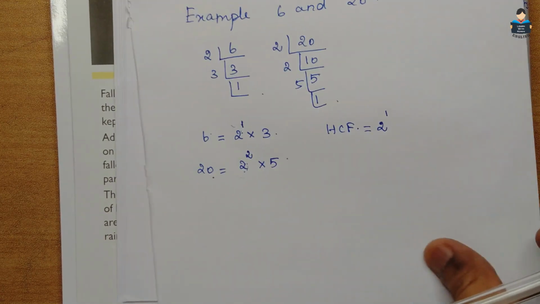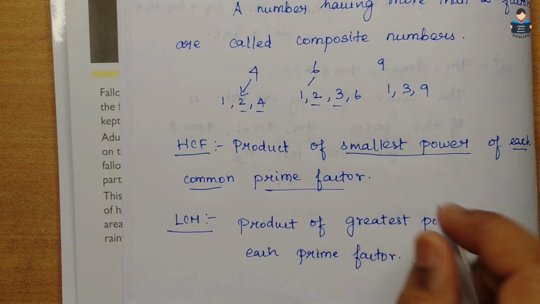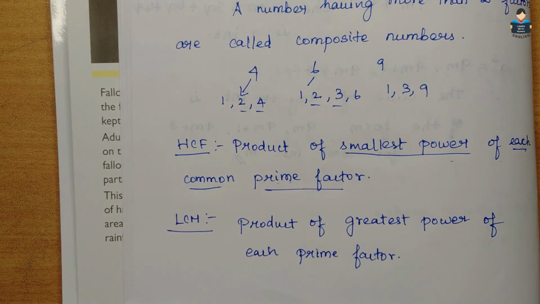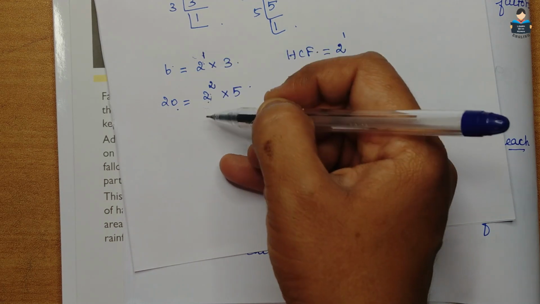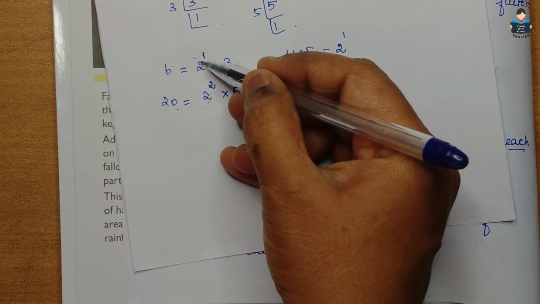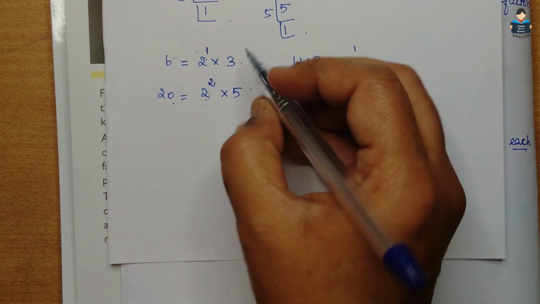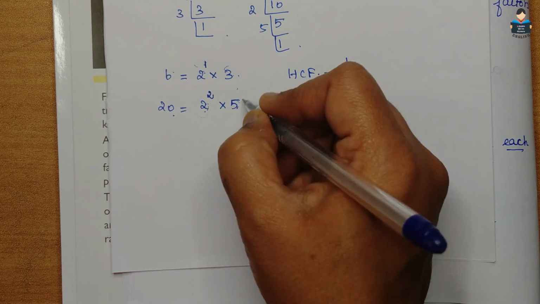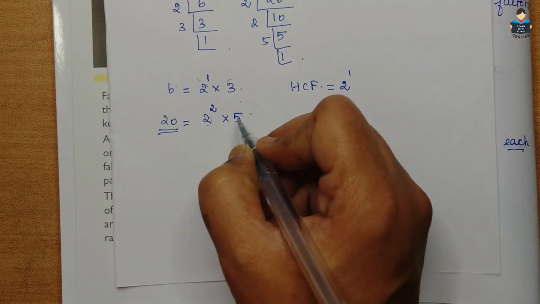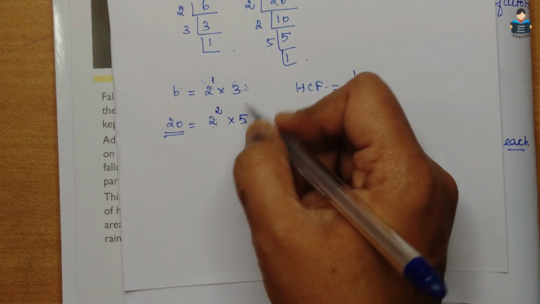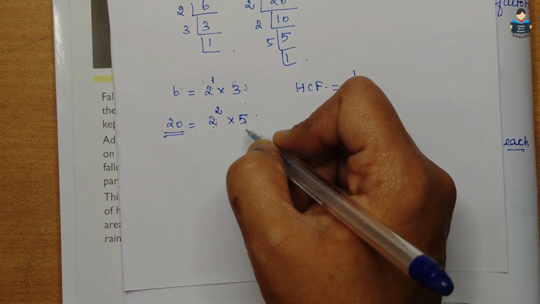Common prime factor means we should have a common prime number in both cases. We have 3 here and we don't have 3 in the other, and for 20 we have 5 and here we don't have 5. So these are not common, so we can skip them.